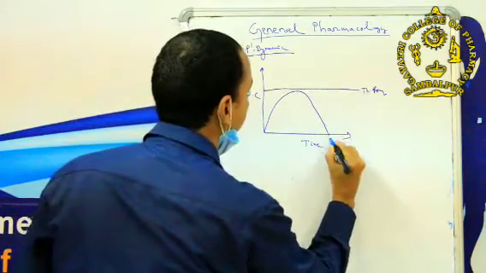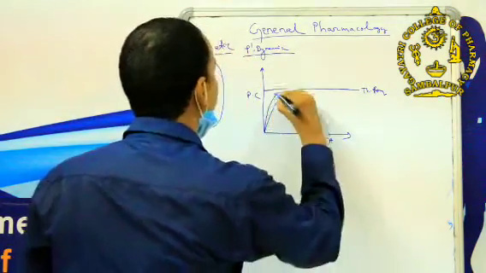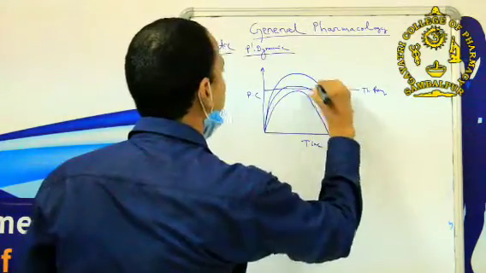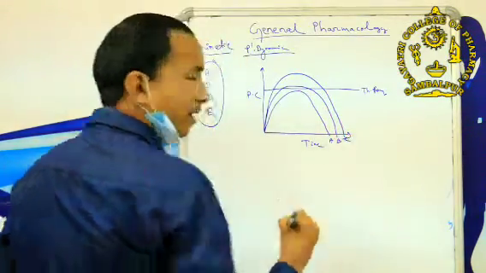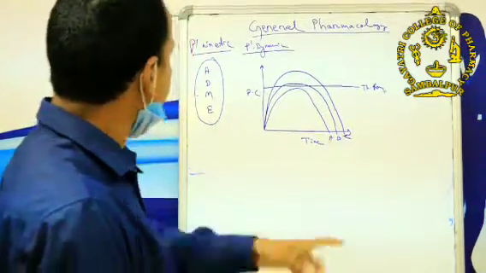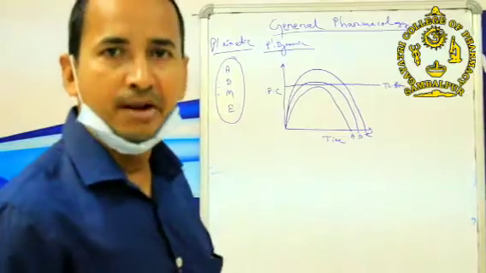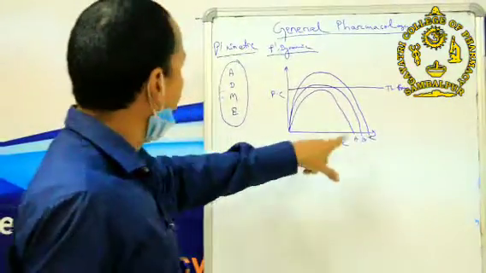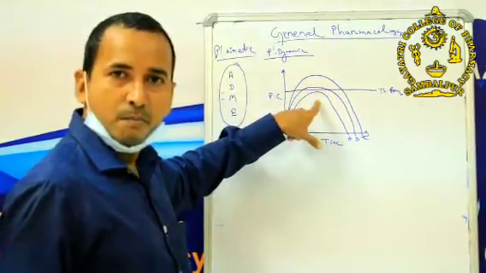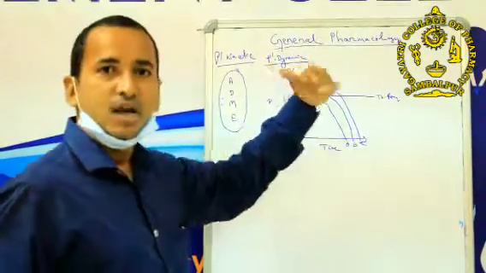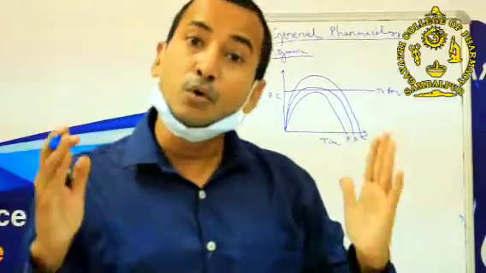It is A drug, it is B drug, and it is C drug. Among A, B and C, this drug A does not reach the therapeutic range, very poor bioavailability, the action will not be proper. This drug B apparently reaches the point of the therapeutic range, and this drug C reaches up to the therapeutic range, means having good bioavailability.